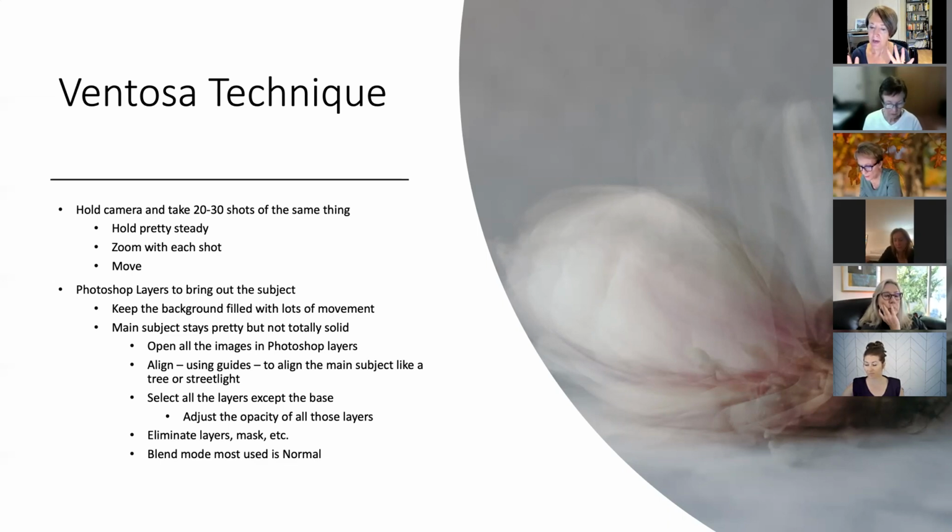And then you can play around with the opacity of each layer and mask if you want to. And usually when you blend in the normal mode, this is the way it works better. So if you did one shaky picture, that could give you a fairly shaky background, but then you held the camera a little bit more steady for one picture, that could give you a bit more solid.